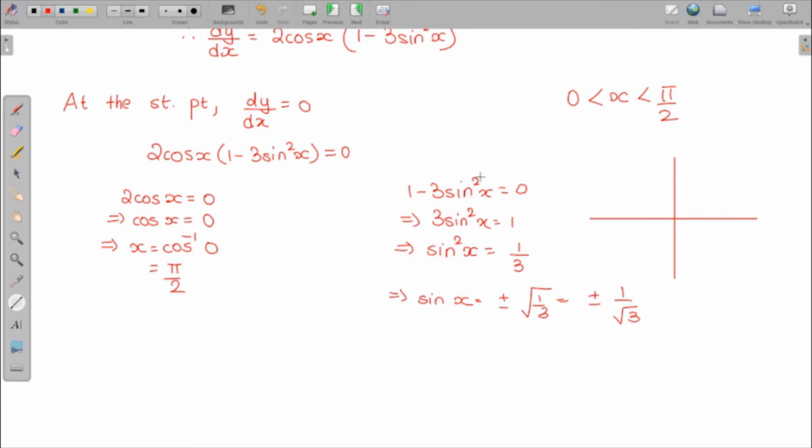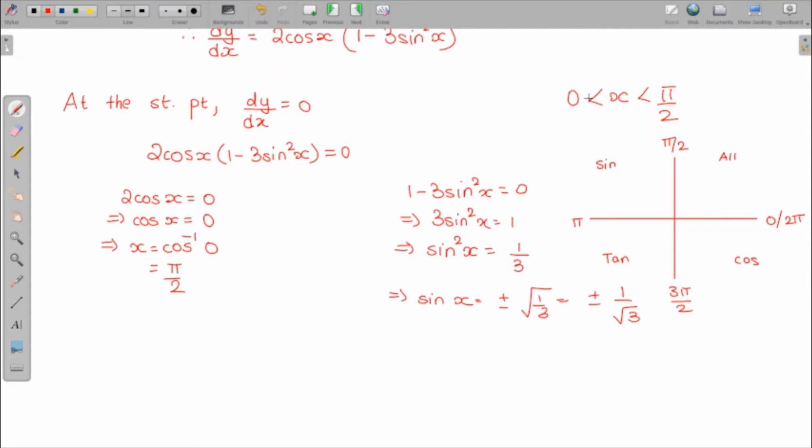Okay, so if we draw a quadrant, 0, pi by 2, over here we will have pi, 3 pi by 2, and back to this point, which will be 2 pi. So this is all positive, sine positive, tan positive, and cos positive.